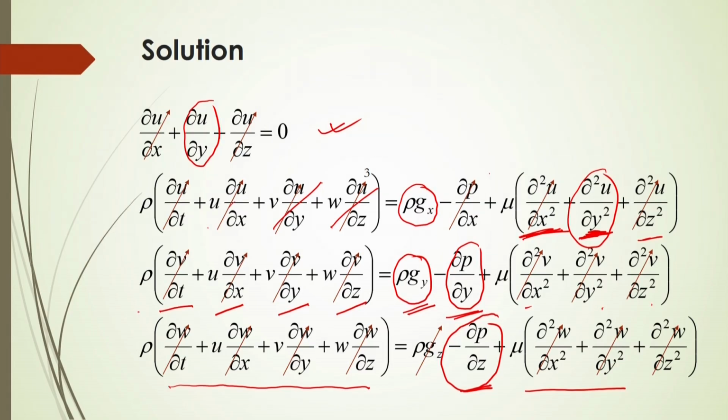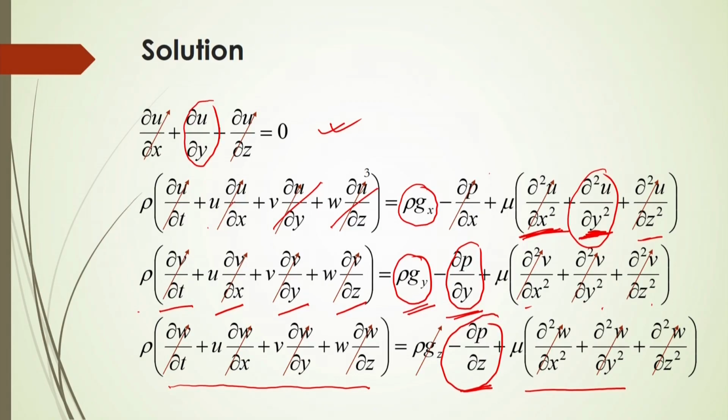Based on your own understanding, try to cancel the velocity or pressure components in the x, y and z directions, then you will get the simplified equation. After that you can go further for calculation. Based on the Navier-Stokes equation you can get the governing equation for any flow through a pipeline, channel or anything else.